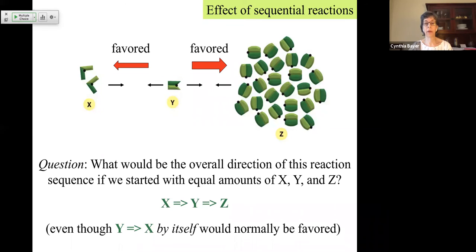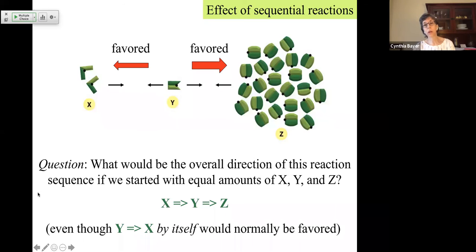We'd always have the least amount of Y. And so what we're showing is that even though X to Y is unfavored, the fact that Y to Z is very favored, the overall reaction will be from X to Y to Z.